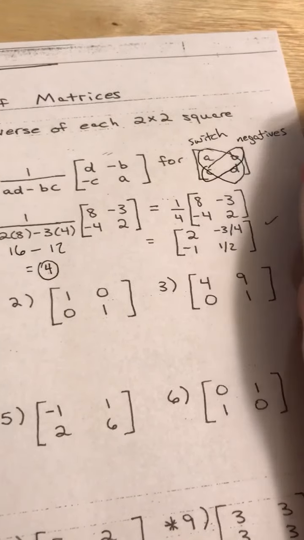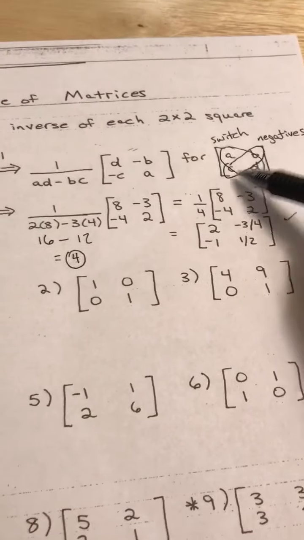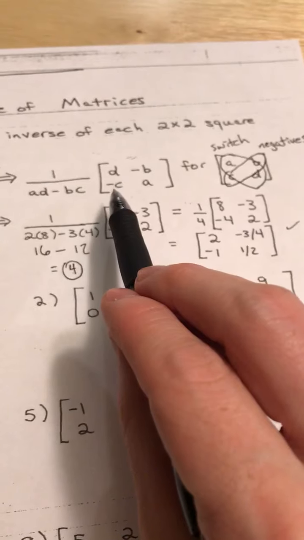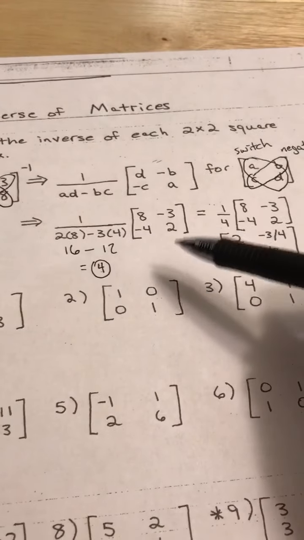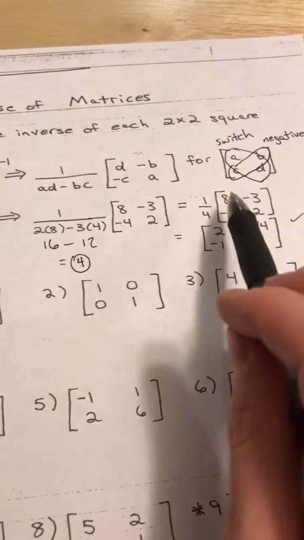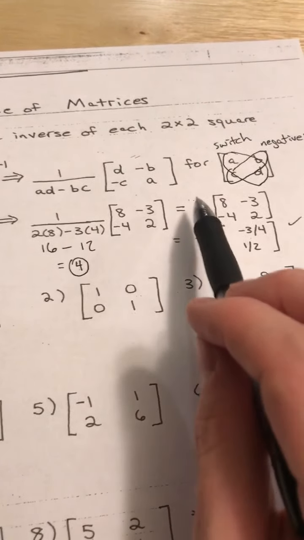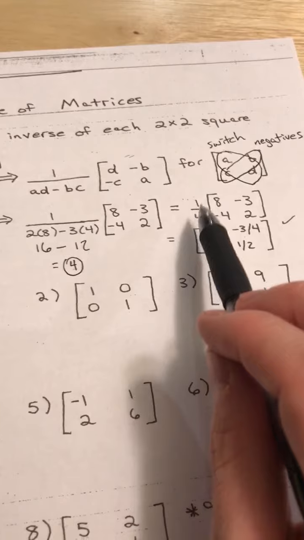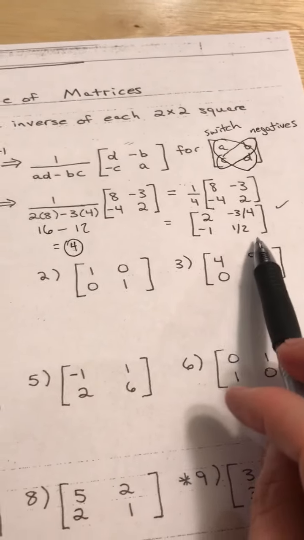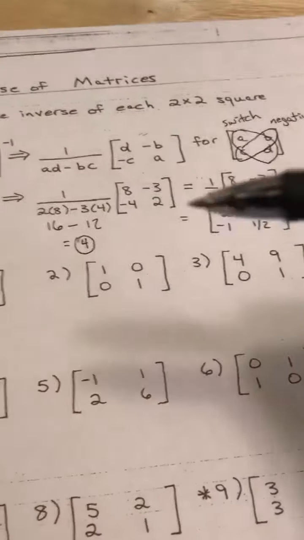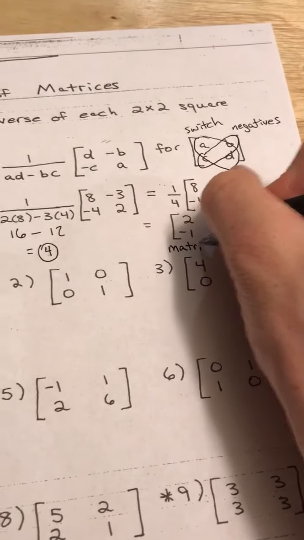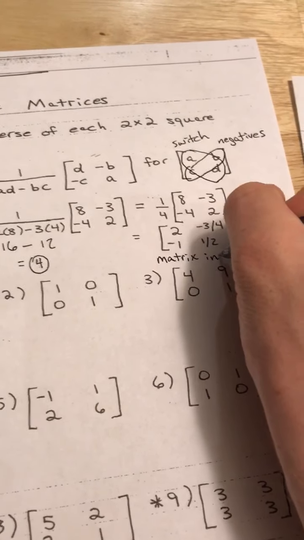So instead of having positive B and positive C, I'm going to get negative B and negative C. At the very end, I have to multiply everything on the inside by the number that's on the outside, and it's always going to be a fraction on the outside. Whatever answer I get, that's called my matrix inverse.